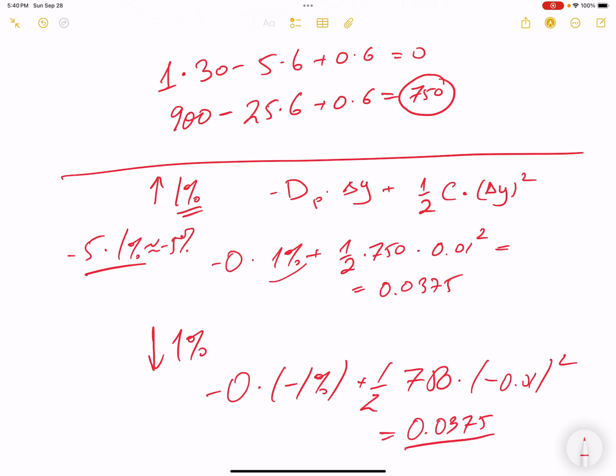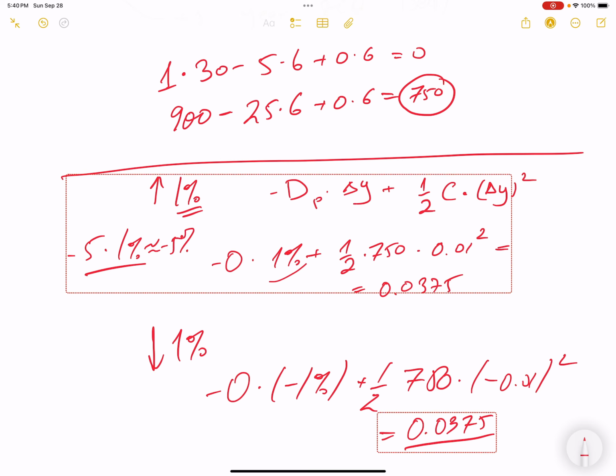So you went down here, you went up here, you still make money. So that's why those portfolios are very attractive to portfolio managers, because you can actually make money in an environment when interest rates are going up or going down, and you don't need to worry about the direction of interest rates like you do in usual portfolios. Okay, so hopefully this was helpful to you, and good luck in the test.